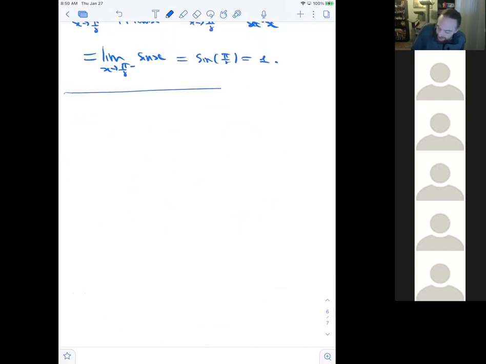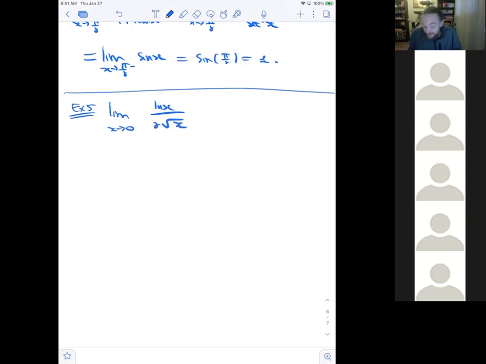Example 5. The limit as x approaches infinity of the natural log of x over 2 root x.